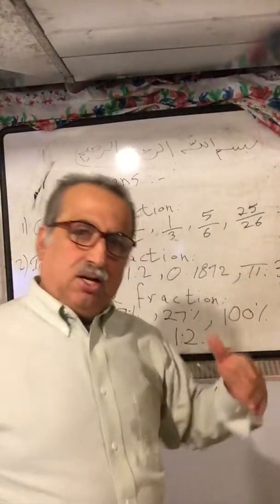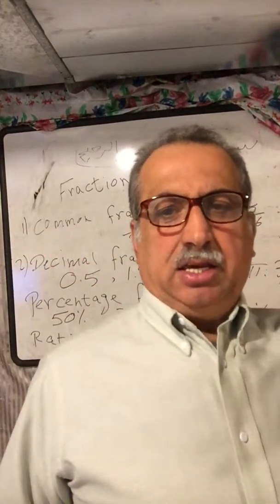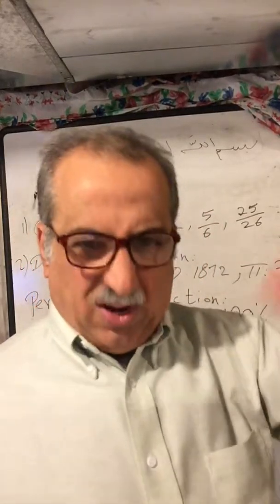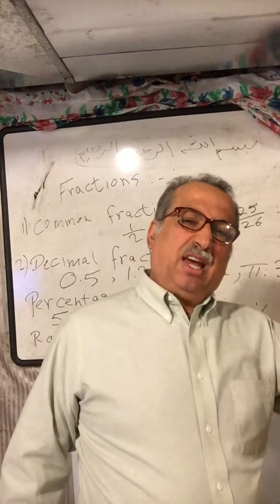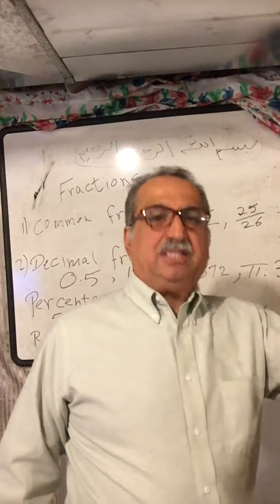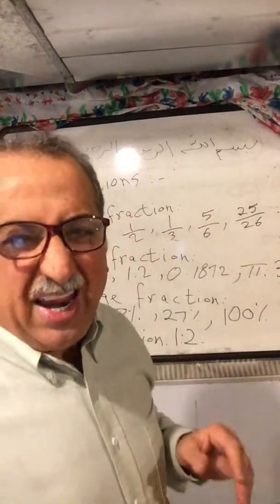So I'm 56, so he is 99 or something, approximately, just to give you an example. So he's like twice as old as me. So that's also a ratio fraction.